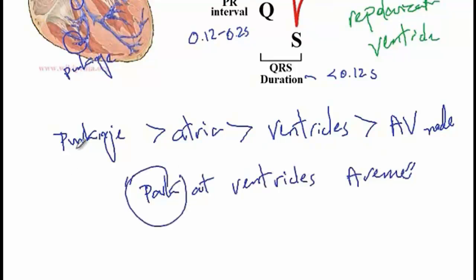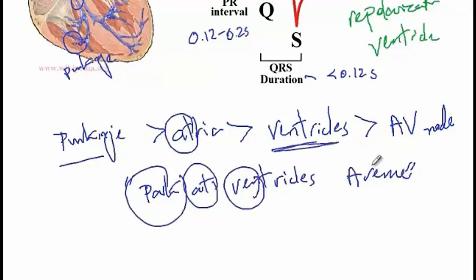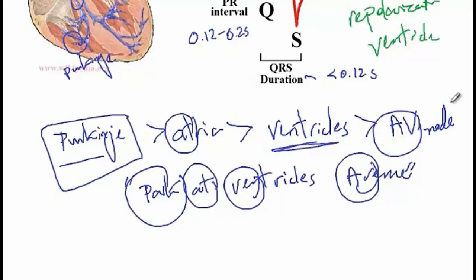So park corresponds to the Purkinje fibers, at goes for atrium, ventricles goes for ventricles itself, and then avenue goes for the AV node. So that's the order from which the speed of conduction is fastest to the slowest. And so AV node, it was slow because it gave time for the ventricles to be filled with blood.